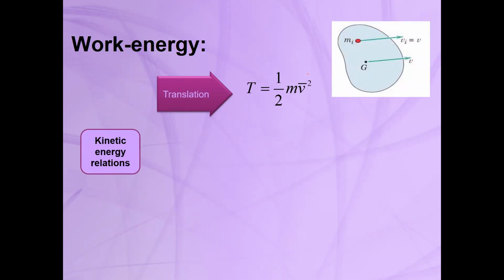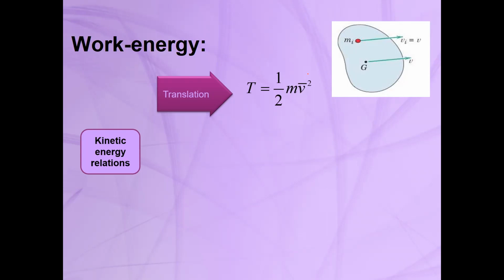We divided the motion in rigid bodies into three main categories. If you remember, the first category was the translational motion. The second one was the pure rotational motion. And the third one was the general plane motion, which means that we have rotation and translation at the same time.